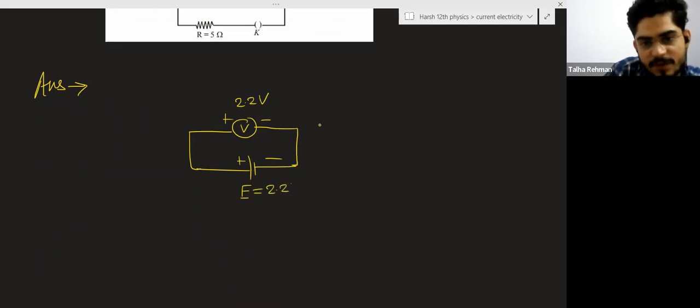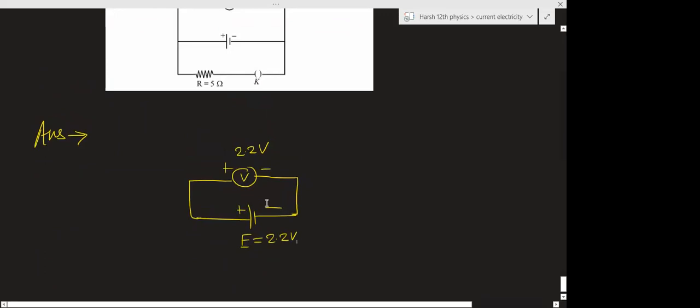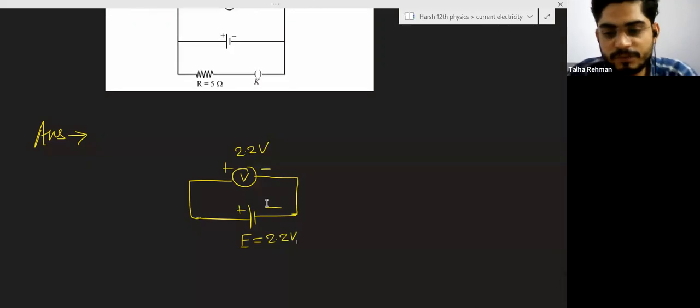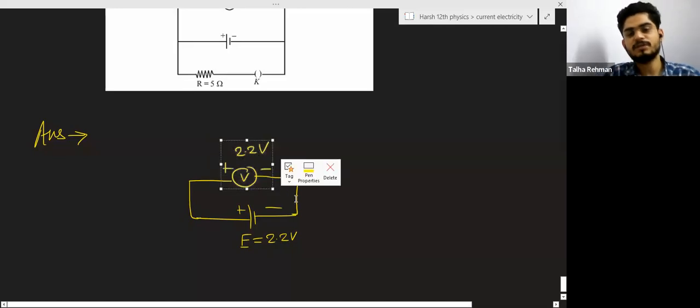Why? Because there will be no drop of potential, since you have just connected the voltmeter.